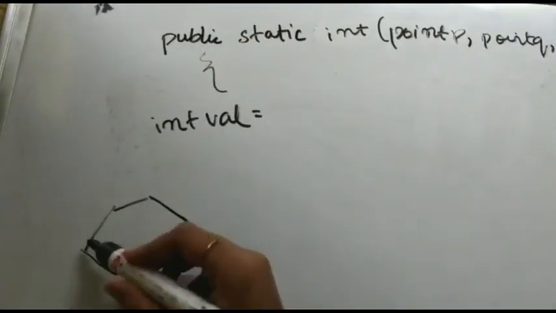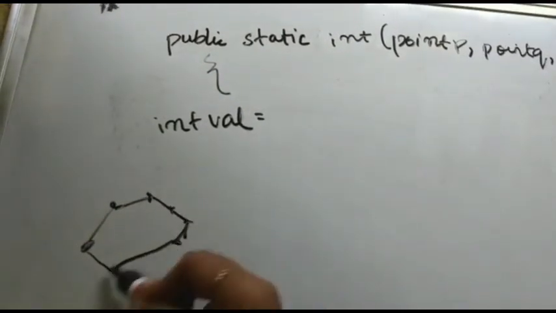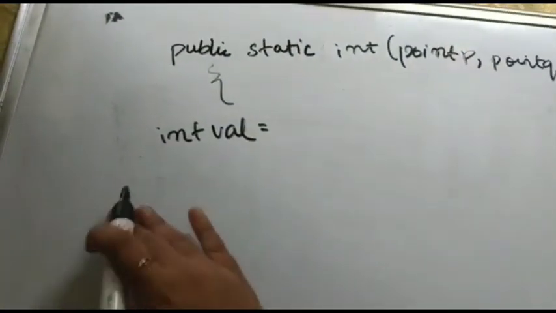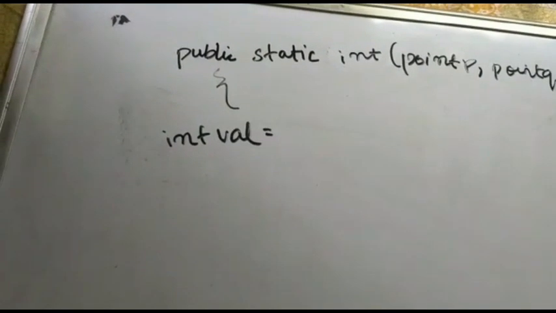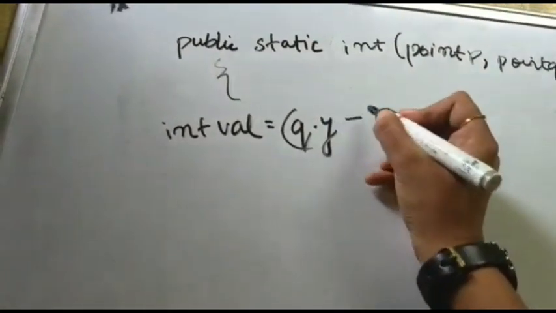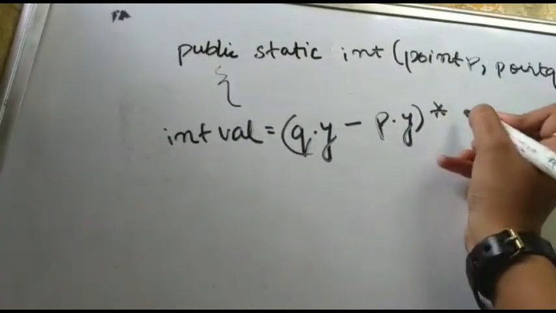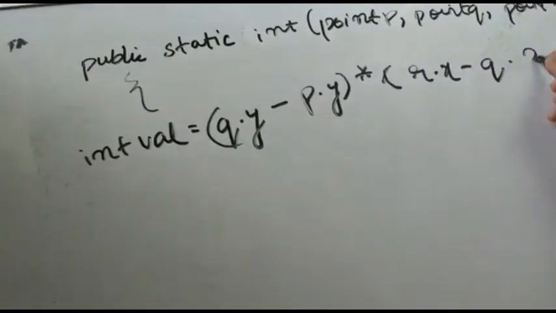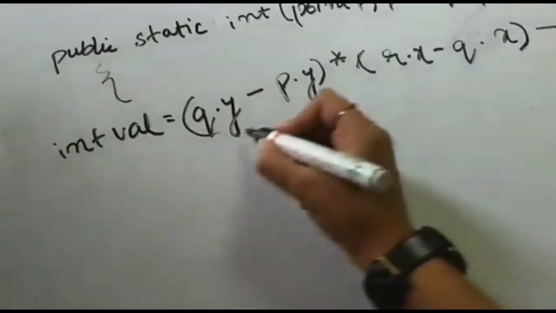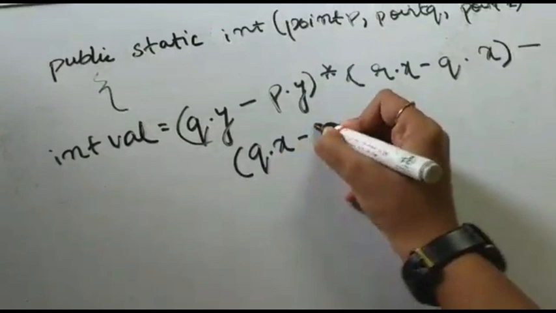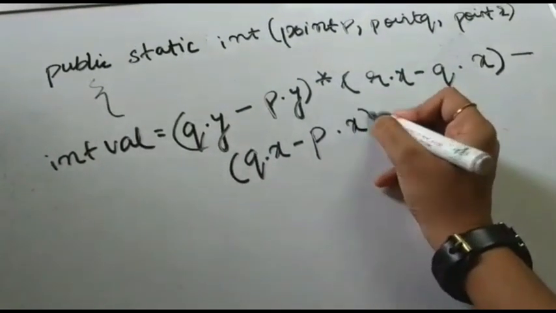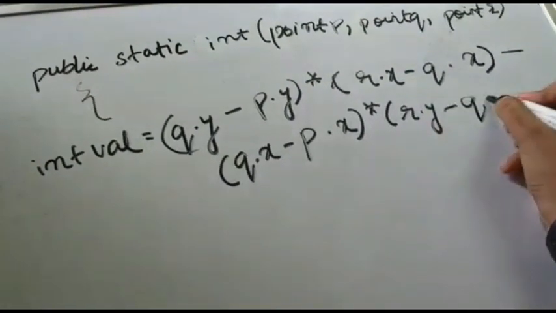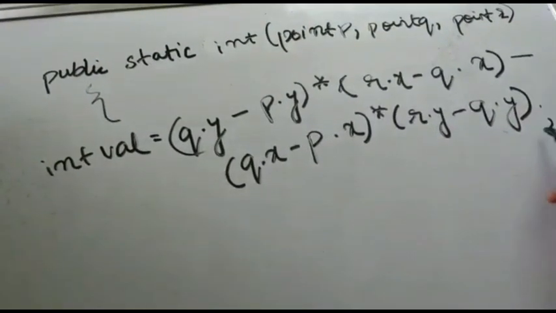For example, if this is a polygon, the point can lie anywhere over here, here, and there's a formula for this which we are storing in the int variable value.